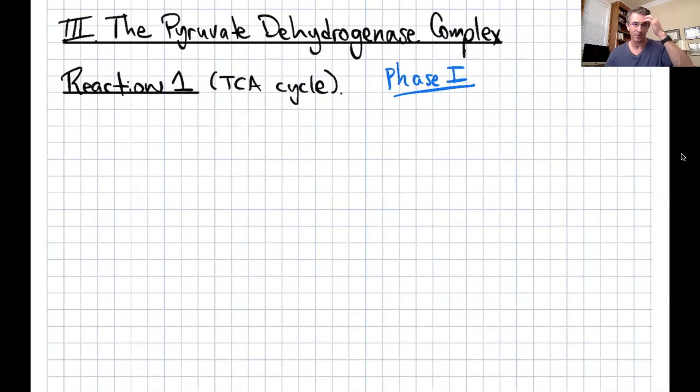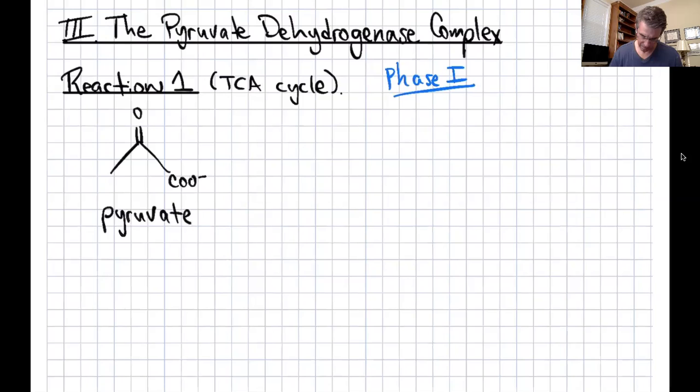Okay, so let's just write this out. The reaction we're basically talking about here, if you remember, we ended glycolysis with formation of this alpha keto acid pyruvate. And the first thing we need to do is to prep what's essentially going to be a 2-carbon unit for entry into the main cycle of the TCA cycle.